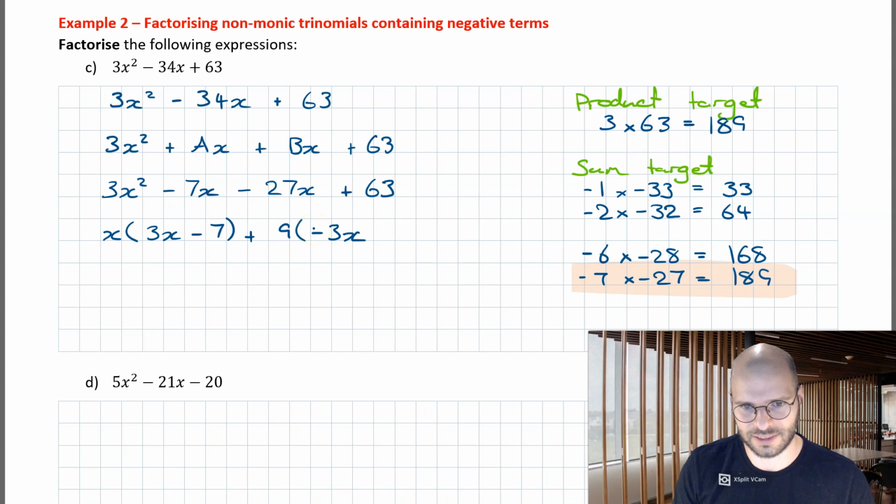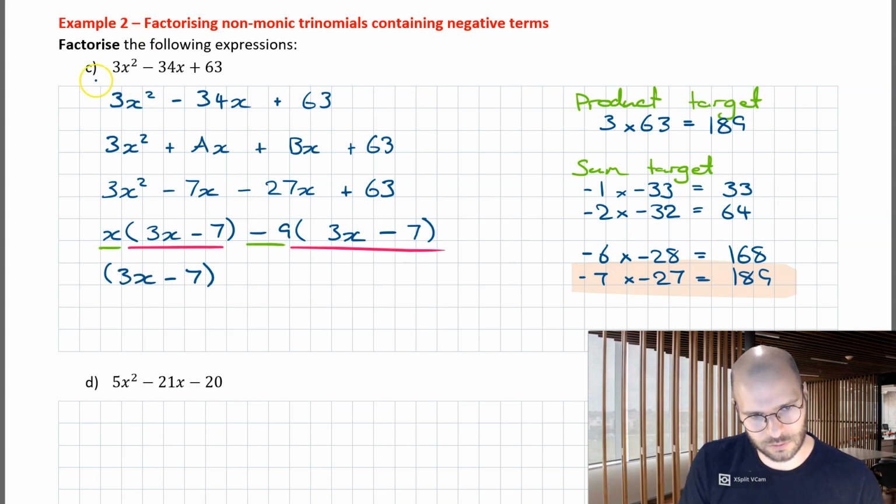And if we divide 63 by 7, we're going to get 9 as well. Now what you can see is that we don't have matching brackets here. This one is plus 3x minus 7, this one's minus 3x plus 7. What this means is we need to factorize out the negative, so I just flip the symbols and change it to negatives, and therefore we get matching brackets.